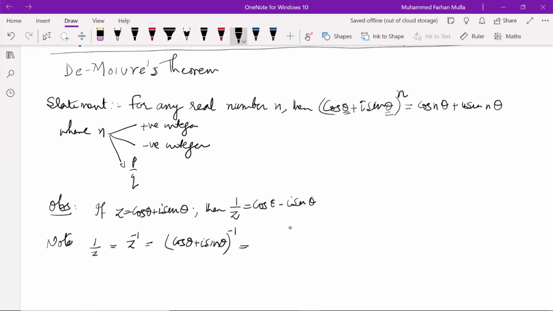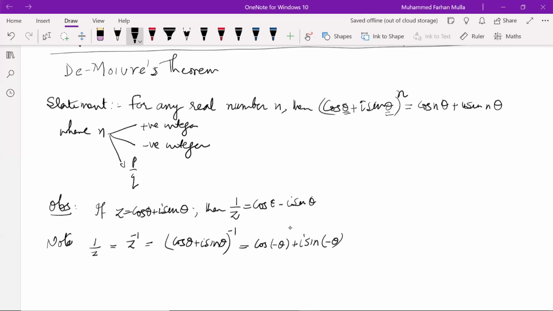So I can apply De Moivre's theorem here. Whenever we have a number of the form cos theta plus i sin theta, this is very important: the first term should be cosine, the second should be sine, so the imaginary part should have sine theta. So I can multiply this n with the angle theta. Therefore I can write this as cos of minus theta plus i sine of minus theta.